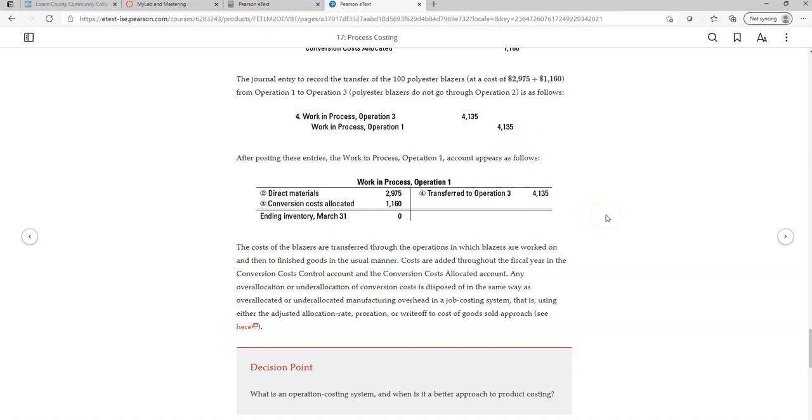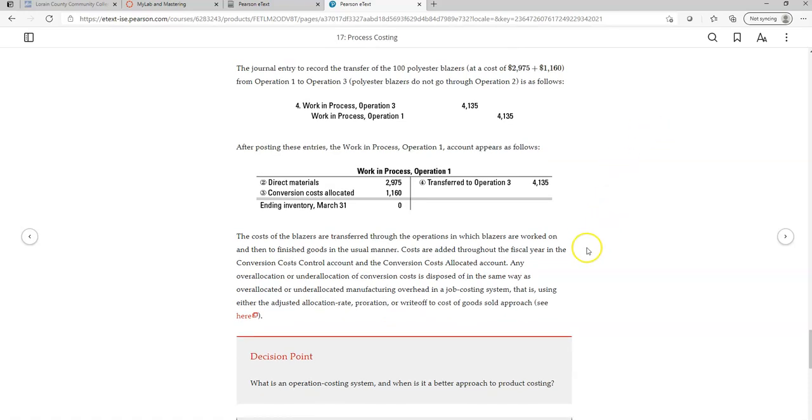So certain things are going to require job costing for direct materials and stuff like that. But if we have conversion costs and ending inventory, we're going to use process costing to compute the equivalent units of production for those conversion costs and direct material costs if we have any work in process ending inventory at the end of the period.